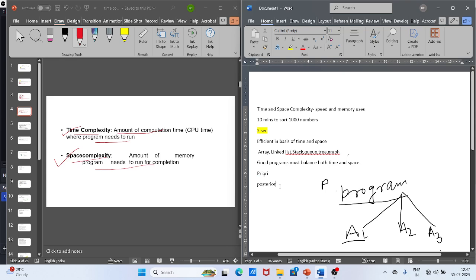In posterior means we measure the time after execution. And priority means we measure the time before execution.